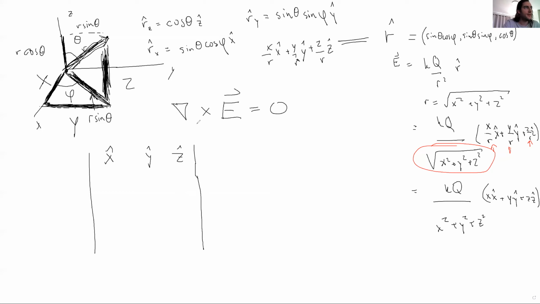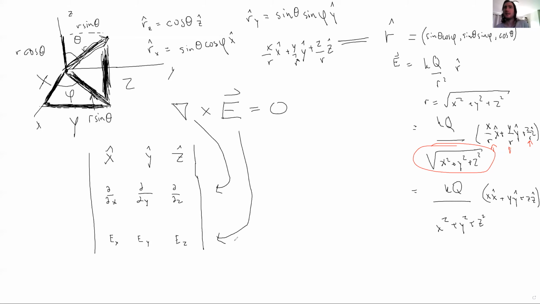And then we write this vector here in the second row, and we write this vector here in the third row. This top row is always the same. So we have d by dx, d by dy, and d by dz, right? And then for the electric field, we have the x component, the y component, and the z component.